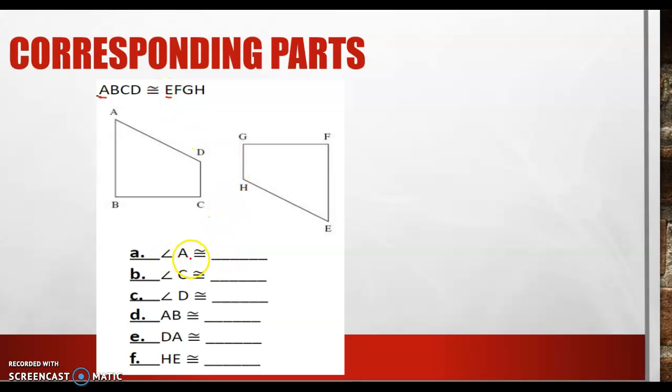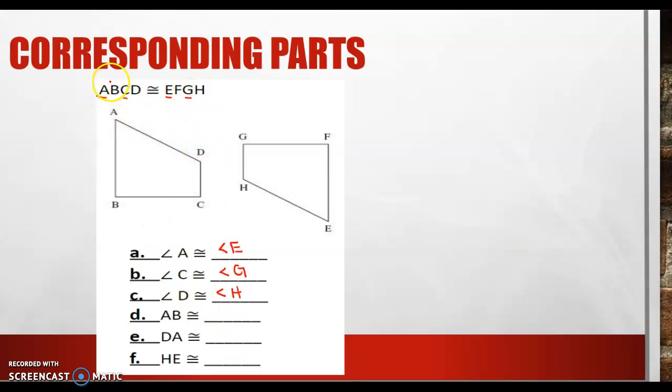So I know angle A is congruent to angle E. Angle C, which is my third letter written, is congruent to angle G, because that is my third letter written. Angle D is going to be congruent to angle H, since that is my last letter.